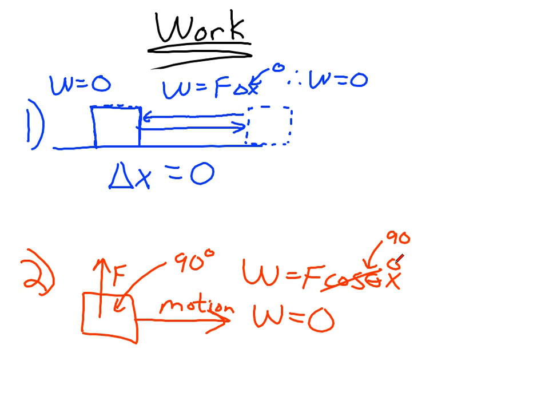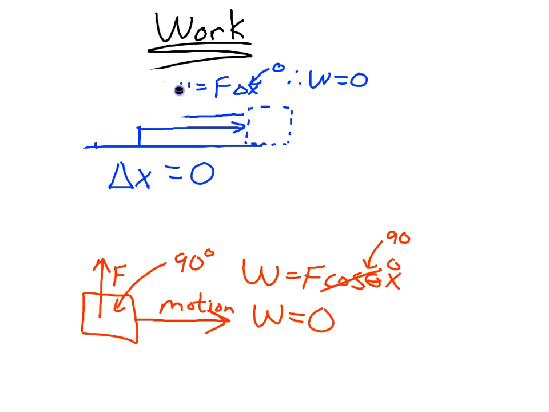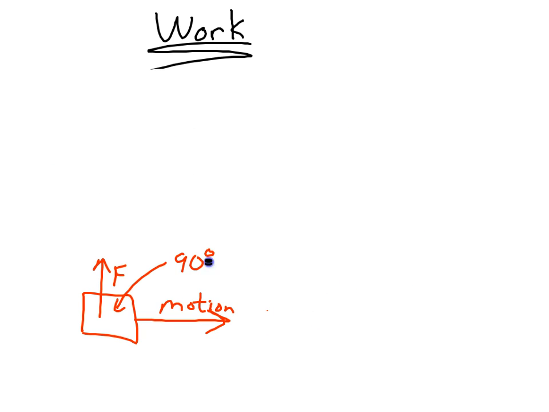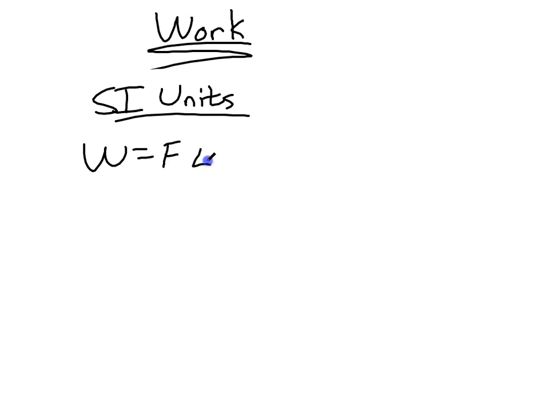All right, last thing I want to do with this equation is take a look at the units. We're going to deal with the SI units as usual. W equals F change in x.